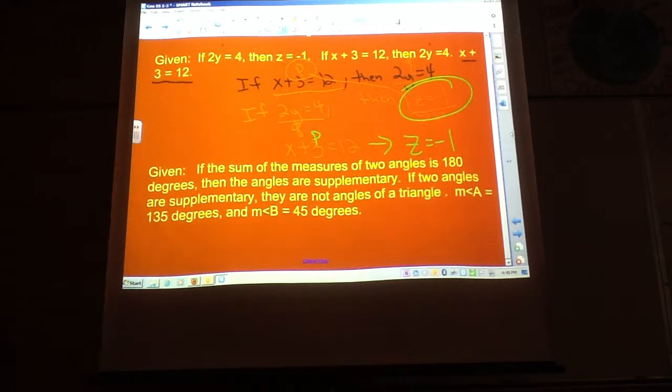So I guess we want to see if those two add up to give us the 180, which they do. So those would be supplementary angles. If they're supplementary angles, then we can conclude that angle A and angle B are not angles of a triangle. That would be the logical argument that we could draw from that information.